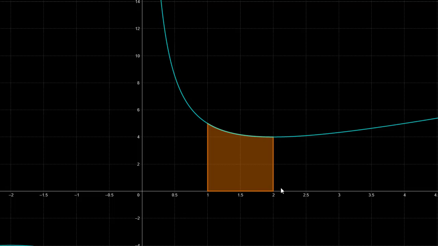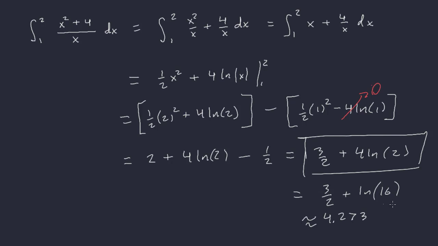Okay, and if you think about it, this is a rectangle here with base 1, height 4 right here. So that would be 4, and then we have point other stuff there. So that does actually line up with what this should be. It should be about 4 point something, and that's what it is. It's about 4.273.